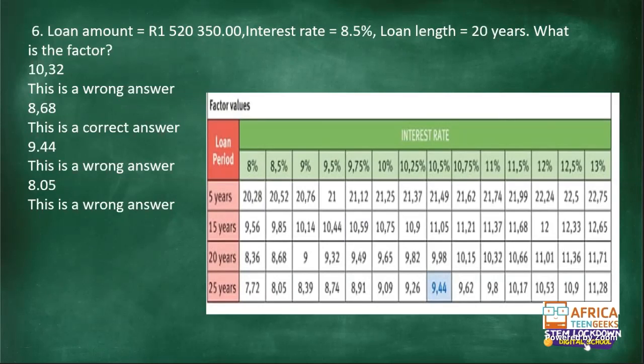Which one is the right factor to choose when you are buying a house of 1,520,350 and the interest rate is 8.5%? I just want you to choose the correct one and tell me why you have chosen that factor.